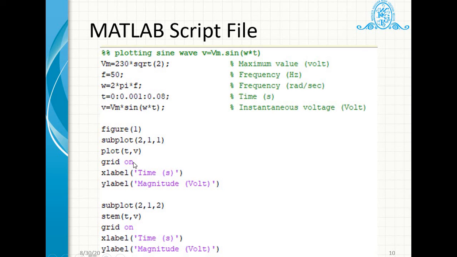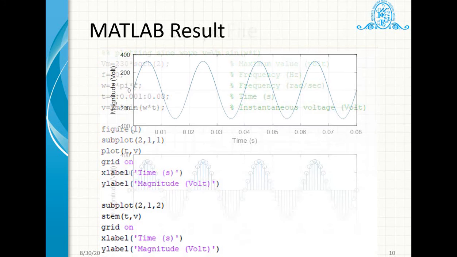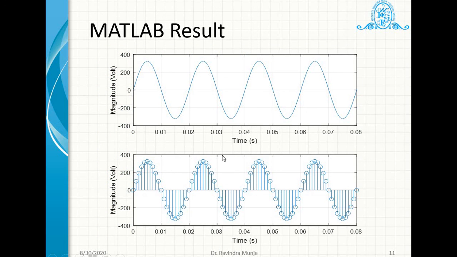If we plot this, we will get the continuous time waveform, and to get the discrete time waveform, the command is stem t comma v. If we run this, then we can get waveforms like this. So this is a continuous time sinusoidal waveform, and this is the discrete time version of the same.